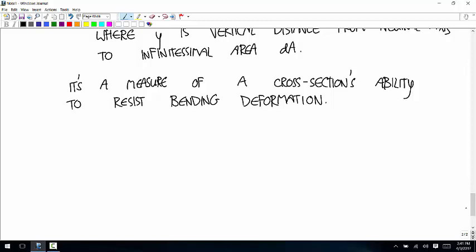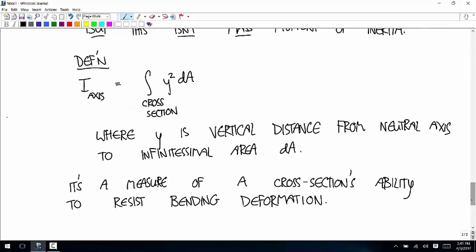But yeah, a moment has a mathematical definition. It's an integral of an element times something about the displacement from a center to the element.